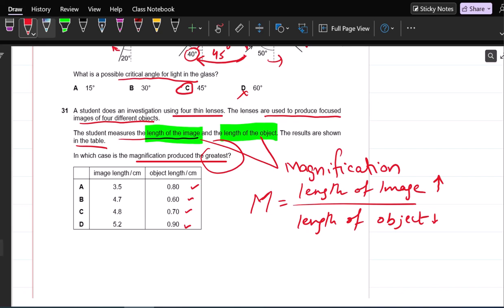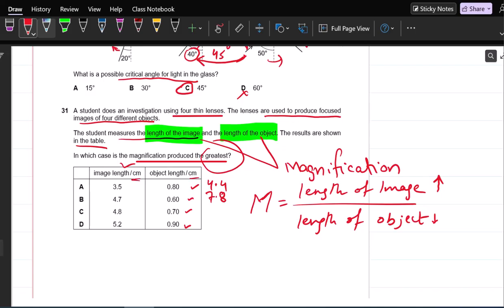3.5 divided by 0.8, you will be getting 4.4, I have rounded the value. Then 4.7 divided by 0.6, you will be getting 7.8. Then you have a value 4.8 image length. Unit should be same, yes, it is same.